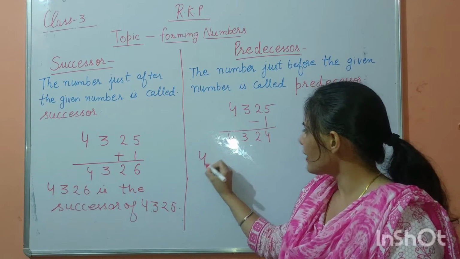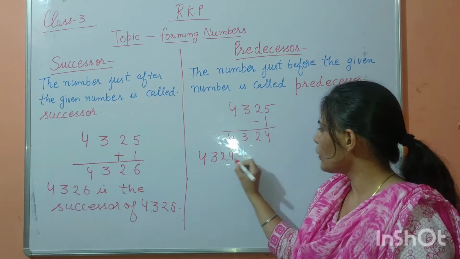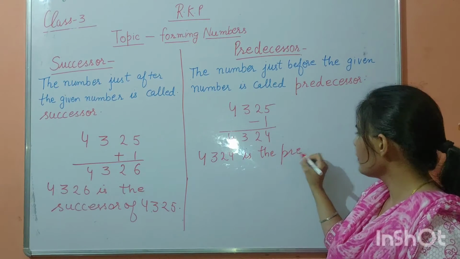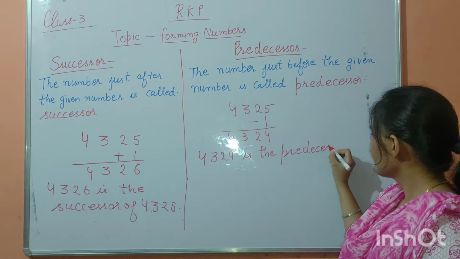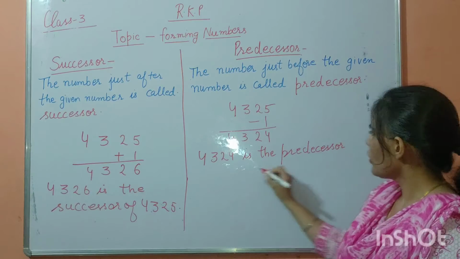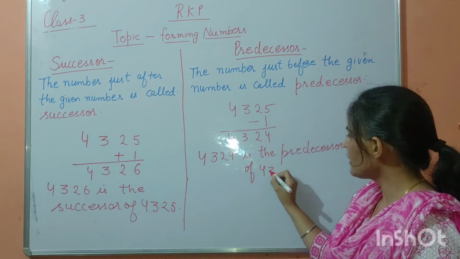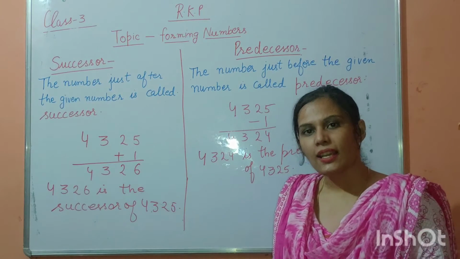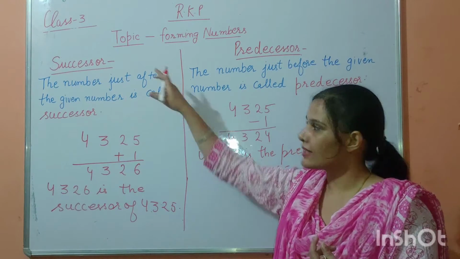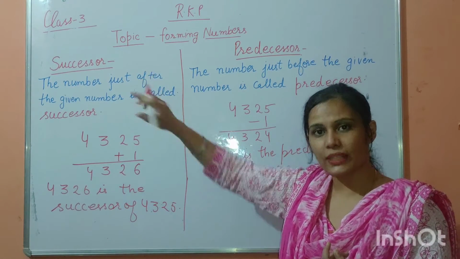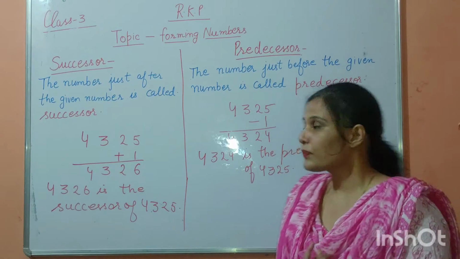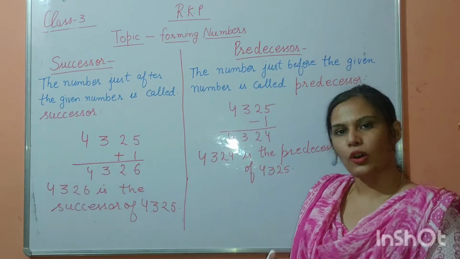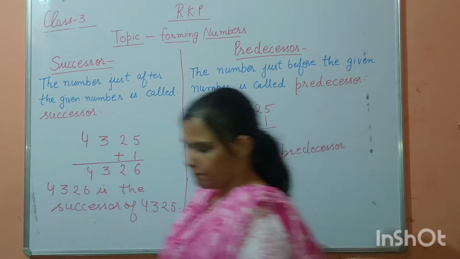So we can write here 4324 is the predecessor of 4325. So students, if you want to know the successor of the given number, then add 1, and if you want to know the predecessor, then subtract 1 from that number.